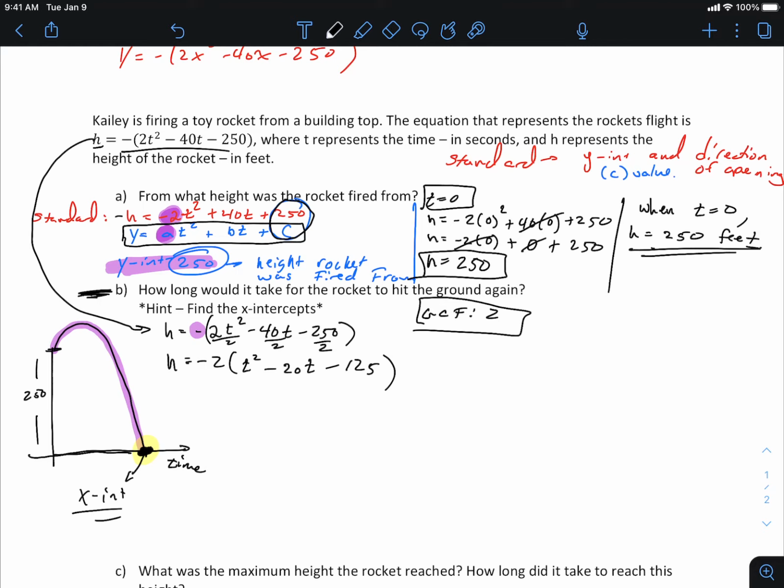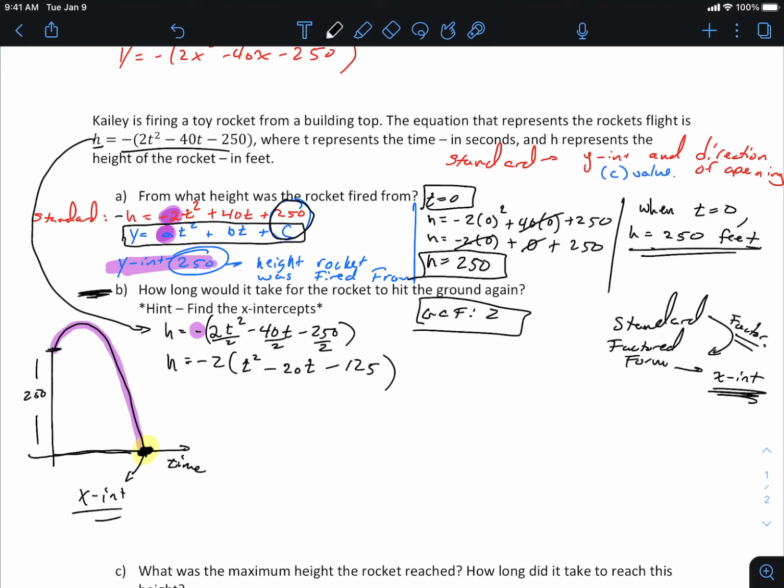Well, I take standard form and I switch it to factored form. How do I do that? I factor. This will tell me X-intercepts. That's what you're after. So that's what we're doing. We're just going to factor this and then see what happens.